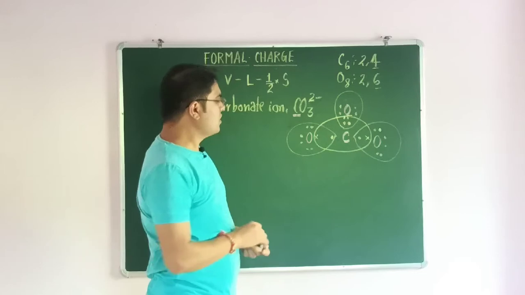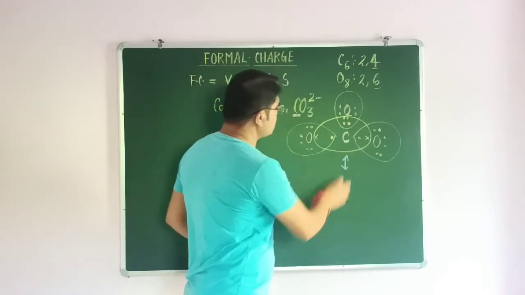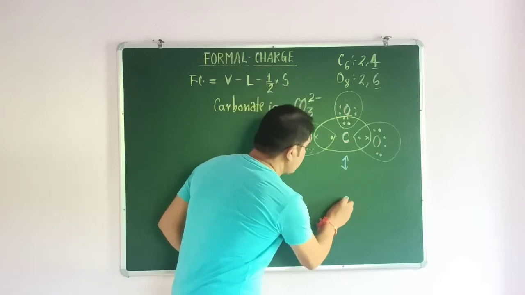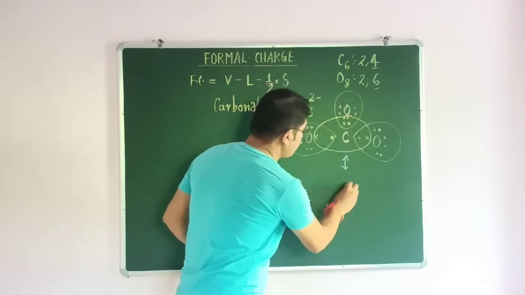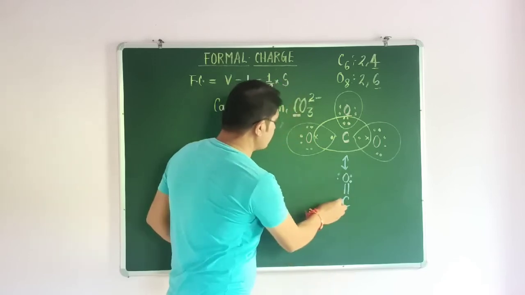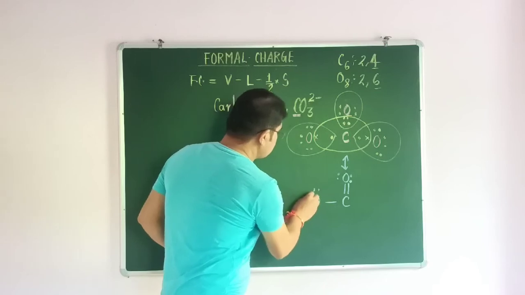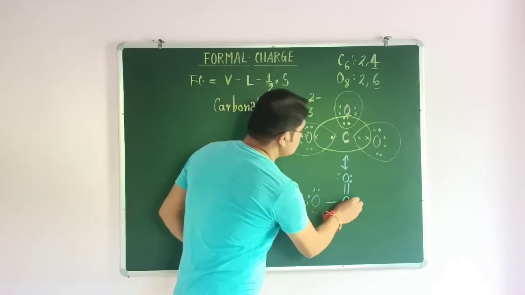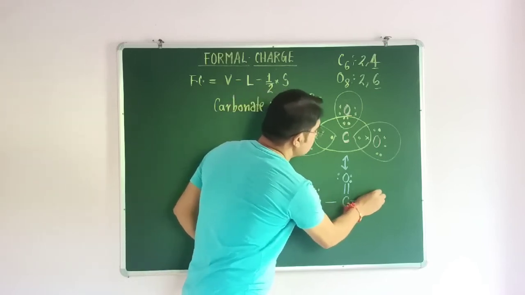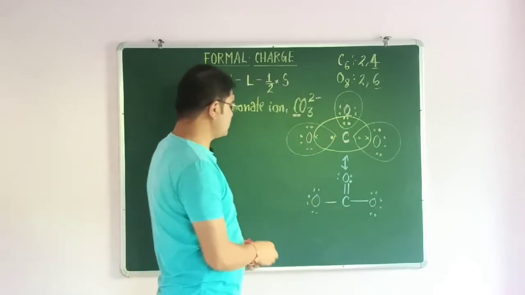So here is the Lewis dot structure, and simply we represent this structure in this way: carbon with double bond to oxygen and 2 lone pairs, 4 lone pair electrons, single bond, then 6 electrons, similarly single bond, 6 electrons. So this is the Lewis dot structure.